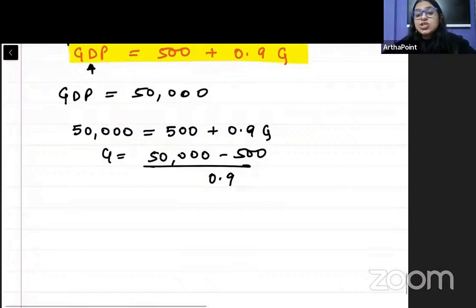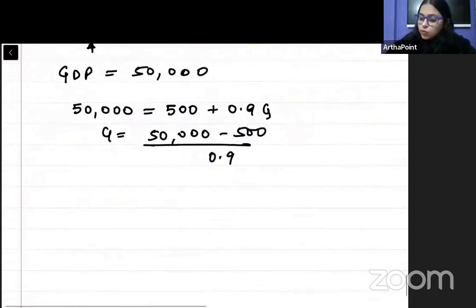This is called extrapolation. So what is extrapolation? What are we doing in this whole case?